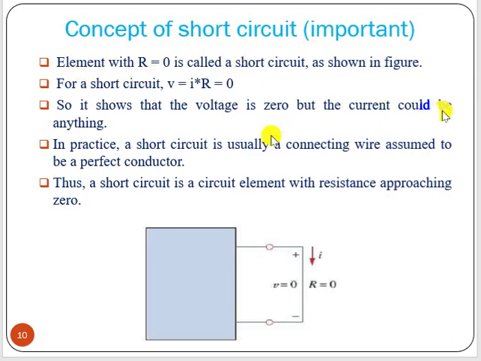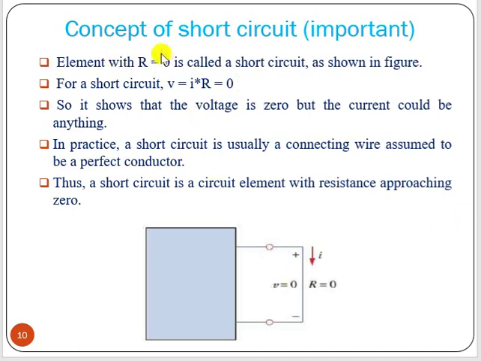Here we have, say, a linear bilateral network, and when R equal to 0, it is called a short circuit. R equal to 0 means it is simply shorted, connected by connecting wires, not by resistance. Resistance value equal to 0.